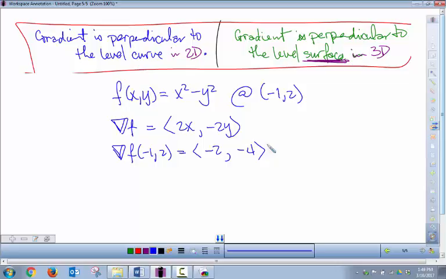Anyways, let's move on. To find the equation of the tangent line, do you remember how to do it? If you wanted to find a normal vector, this is 2 dimensions. How do you find a normal vector in 3D to find the equation of the tangent line? Or do you remember the other way we did it?